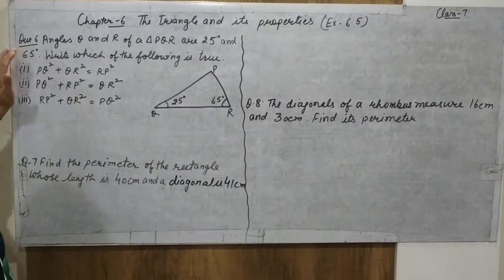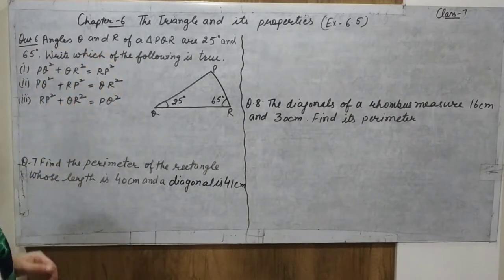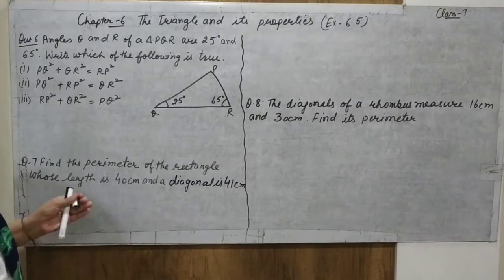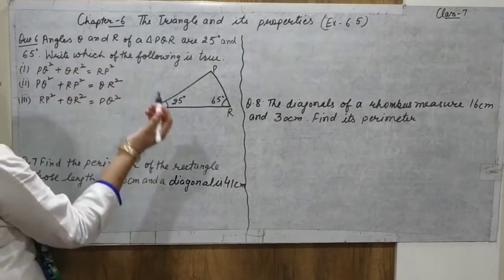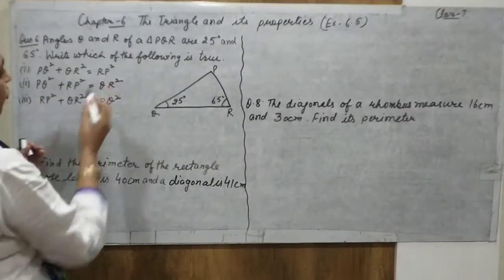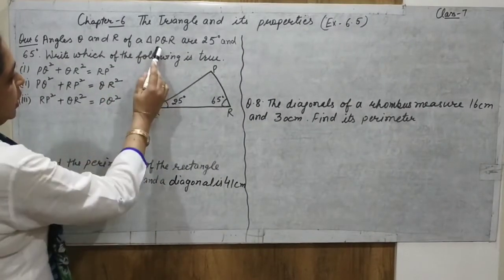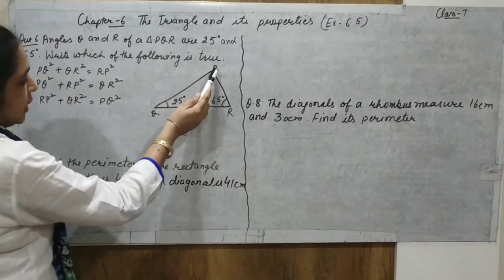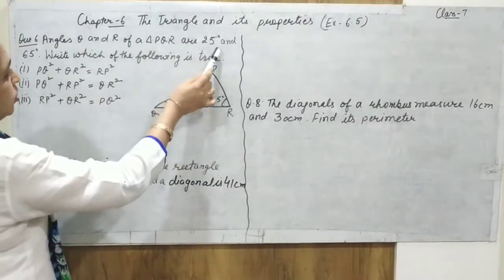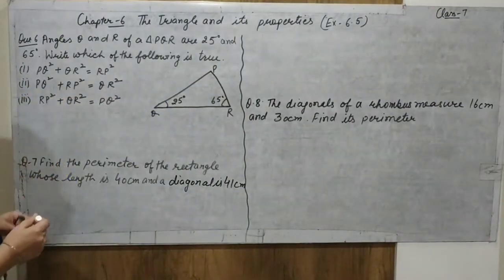Question number 6. The angles P, Q and R of triangle PQR. Understand step by step. Two angles, Q and R, are given of triangle PQR. They are 25 degree and 65 degree.